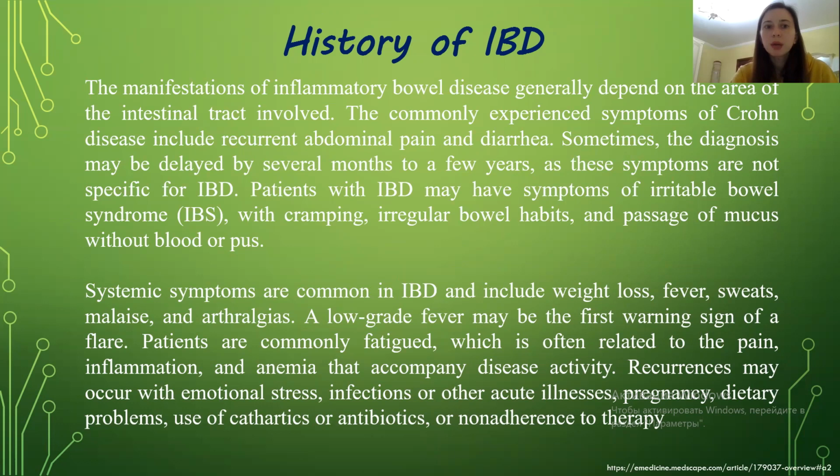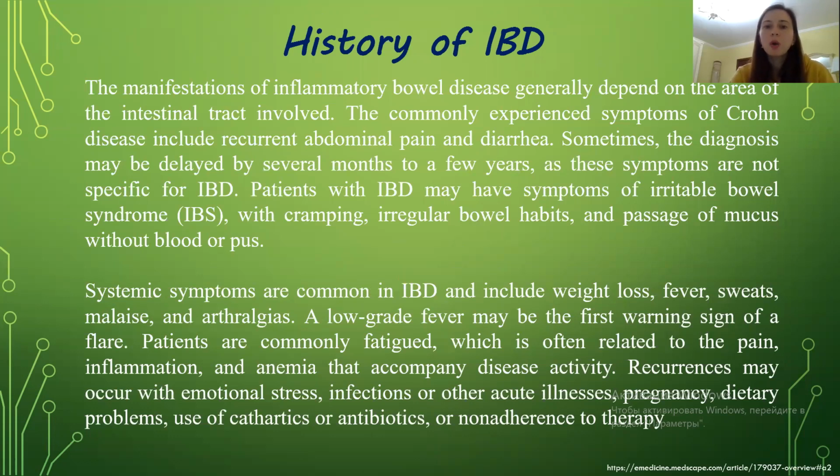Sometimes the diagnosis may be delayed by several months to a few years, and these symptoms are not specific for inflammatory bowel disease. Patients with this disease may have symptoms of irritable bowel syndrome with cramping, irregular bowel habits, and passage of mucus without blood or pus.